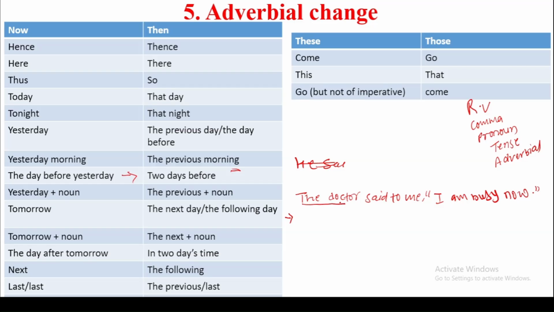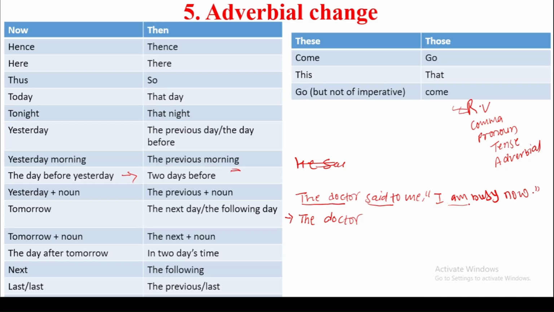The doctor is the subject, so we do not have to change the subject of the reporting clause. So the doctor remains the same. Now we have to change the reporting verb. The reporting verb is said to, and it is changed according to the sentence type of the quoted clause.